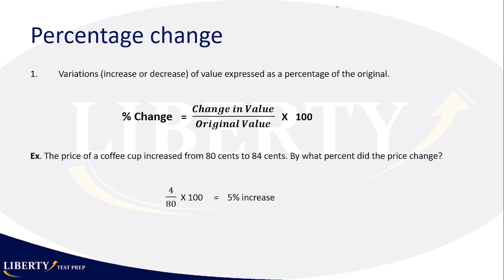Sometimes the change is represented with a triangle, a delta, but in this case, percentage change is equal to the change in value, which means the new value minus the old value, over the original value, the old one, and then times 100. I'm pretty sure you already saw this formula sometime in high school.